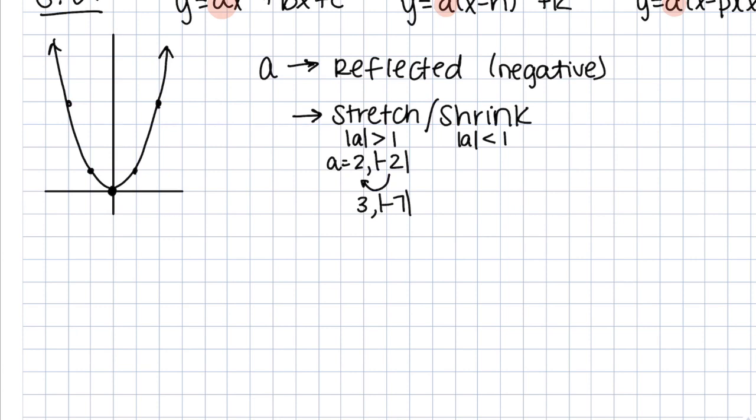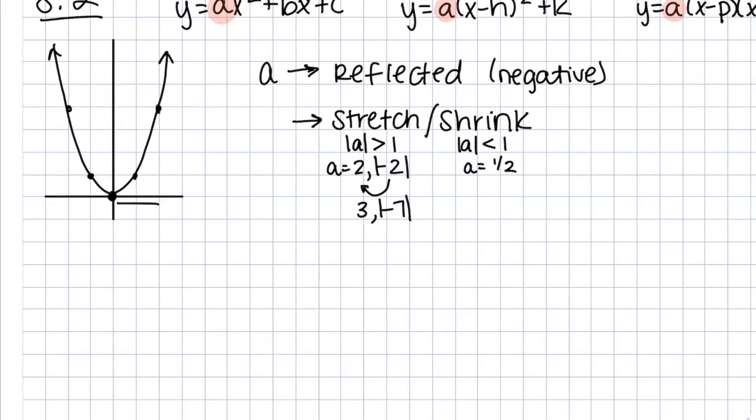Values that would shrink it would be if a was 1/2. I'm going half as high. So for that one, instead of going right 1, up 1, we would go up just half of that. Instead of going right 2, up 4, we would go up half of that.